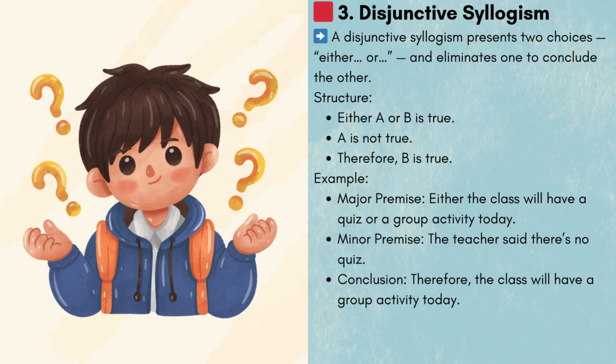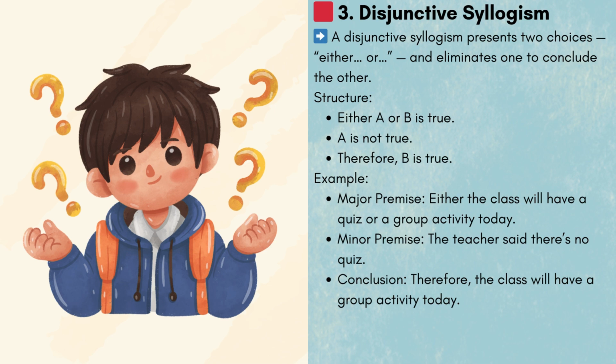For the major premise, it gives two possible choices, either A or B. While the minor premise rejects or eliminates one choice, A, which is, A is not true. So for the conclusion, it accepts the remaining choice as true. Therefore, B is true.